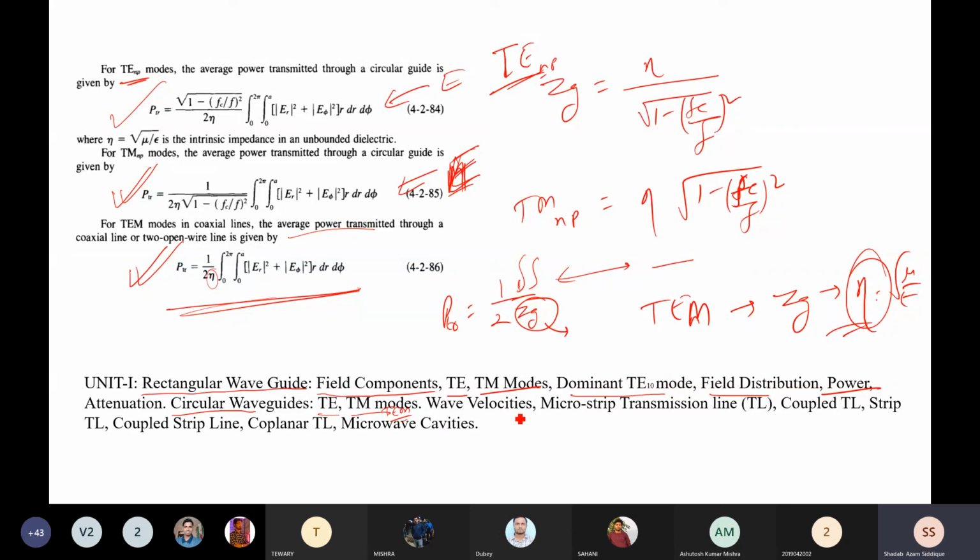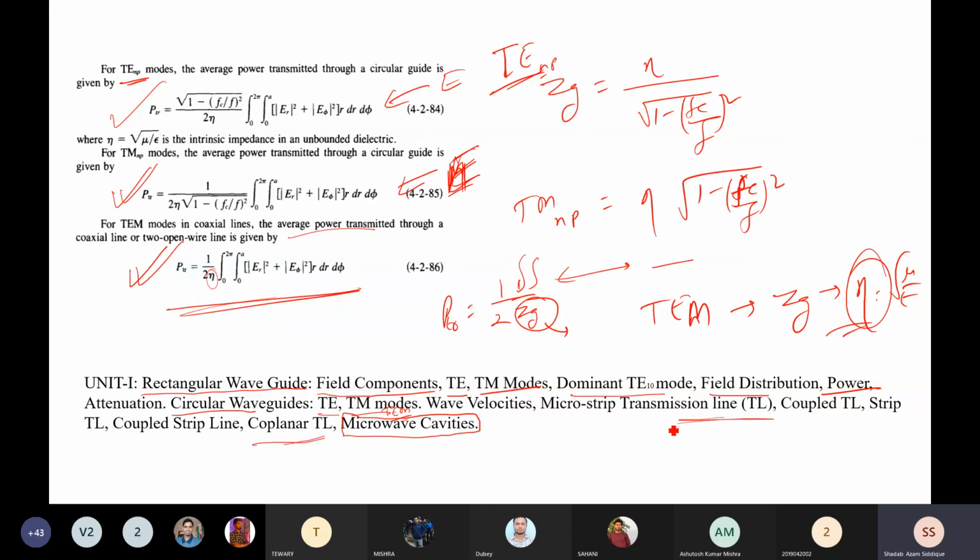Now the next topic is the microwave cavity. In the next class we will discuss microwave cavities. Then we will go for the microstrip transmission line, coupled transmission line, strip transmission line, coupled strip transmission line, and coplanar transmission line.